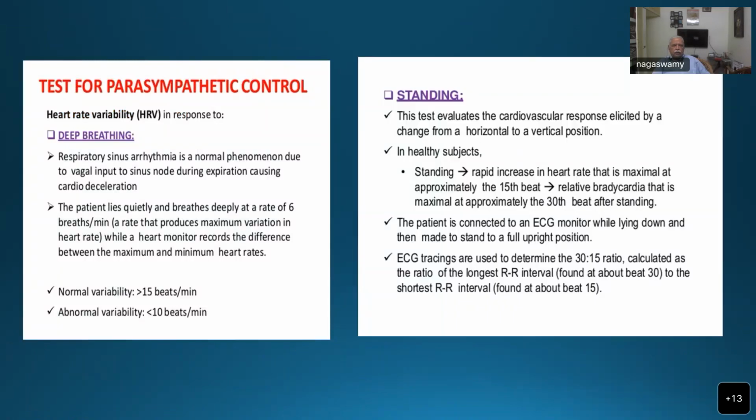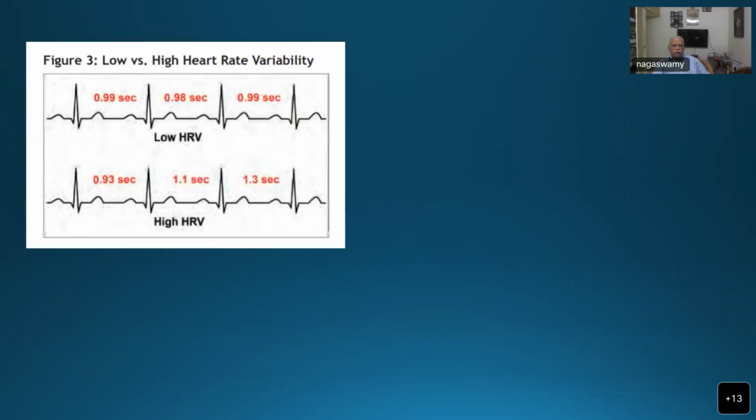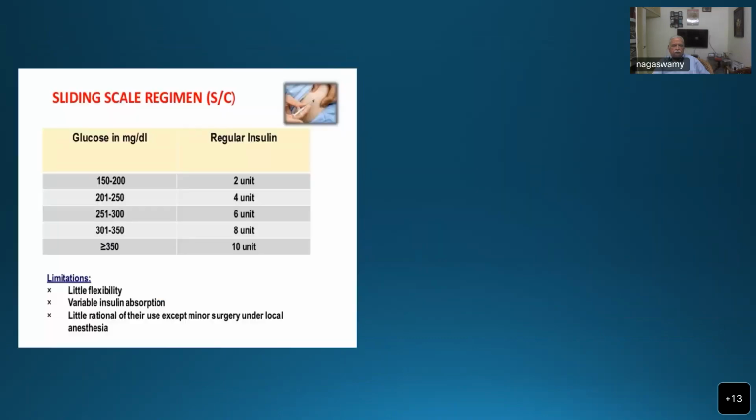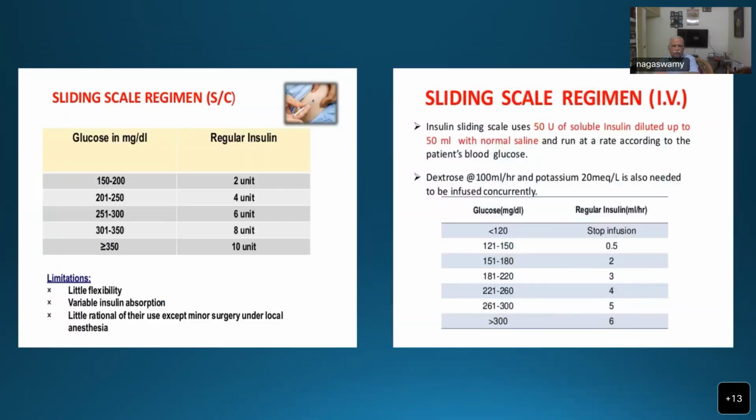Of course, tests for the autonomic nervous system, all this we have discussed in the earlier class, so I'll just skip through that. The sliding scale regimen, and the various regimens required for control of blood sugar, will also be asked in the examination. This is the oldest method, still followed by many physicians.